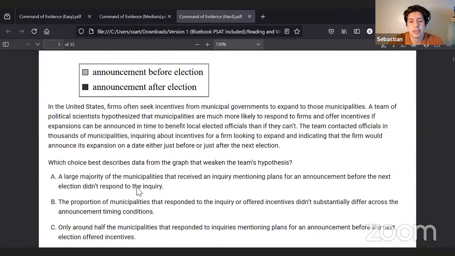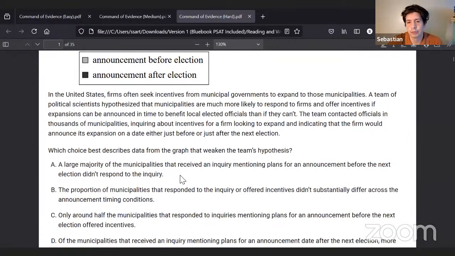So let's look at the data. A large majority of municipalities that received an inquiry mentioning plans for an announcement before the next election didn't respond to the inquiry. Okay. So first we want to focus on what the team's hypothesis is, right? We know that the team contacted officials inquiring about incentives.